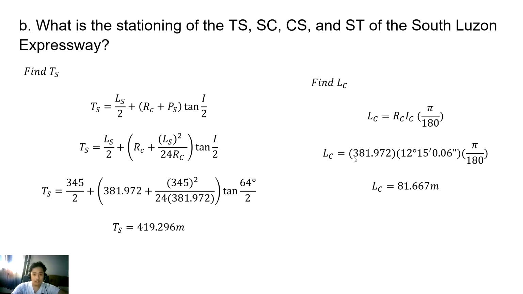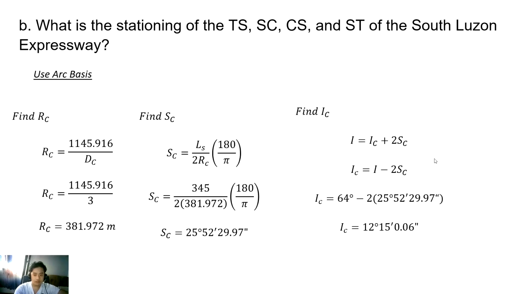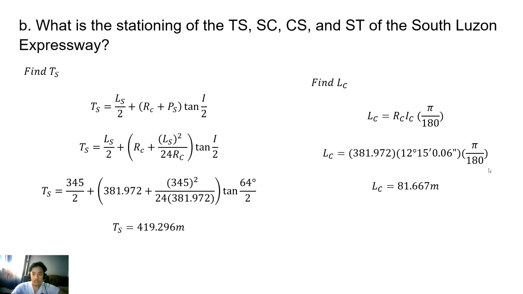Para naman makuha natin yung LC, we're going to use the formula RC times IC times pi over 180. Para sa RC, we're going to use 381.972 times IC, which is 12 degree, 15 minutes, and 0.06 seconds. Then, times din natin sila sa pi over 180 and we'll get LC as 81.667.